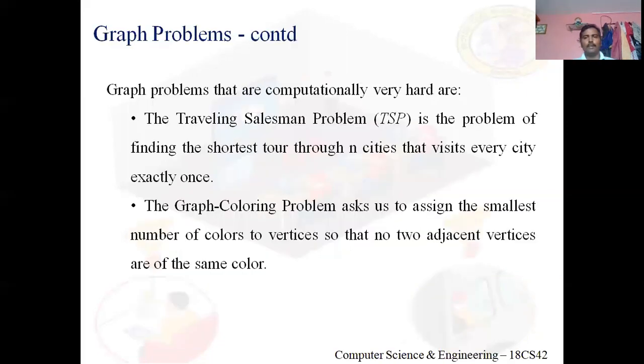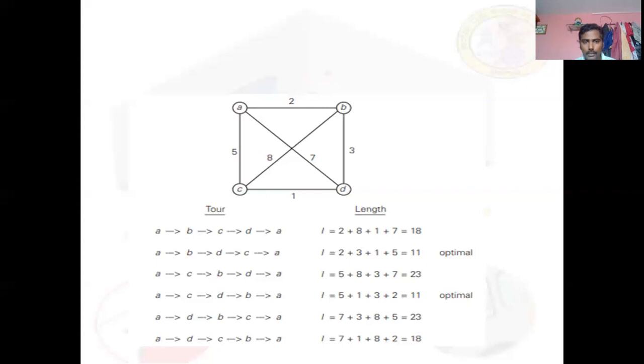So the traveling salesperson problem is the problem of finding the shortest tour through n cities that visits every city exactly once. One more thing I need to tell you: while traversing A, B, C, D, you should visit each city exactly once.